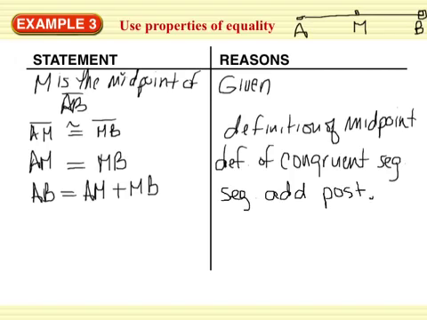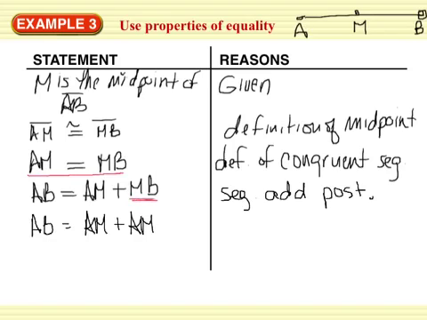Okay, I think I can use some substitution here too. If we know that AB is equal to AM plus MB, and we know that AM is equal to MB, I can say that AB is equal to AM plus AM, because right here I have AM is equal to MB.